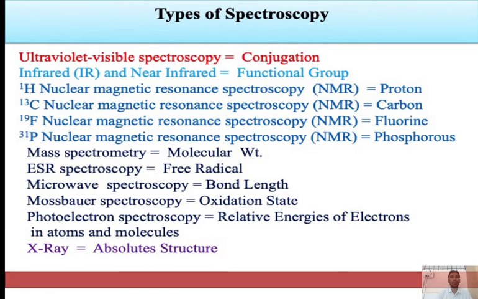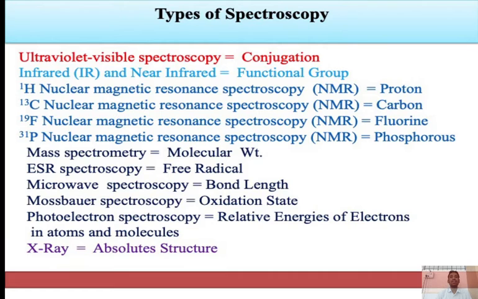Then types of spectroscopy. Ultraviolet-visible spectroscopy is used to find out the conjugation among molecules. The next is infrared spectroscopy, used to find functional groups like C=O, OH, carbon-carbon double bonds, acids, alcohols, NH2.